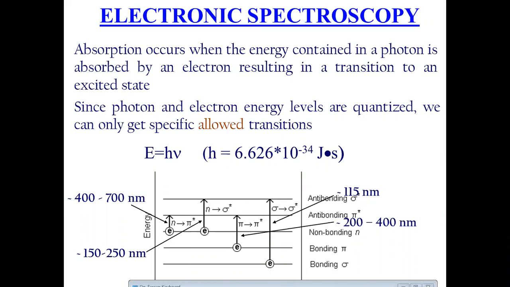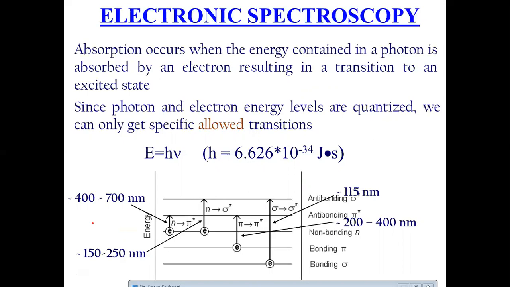Electronic spectroscopy is otherwise called UV visible spectroscopy. Whenever an electron jumps from the ground state to the excited state, it absorbs some energy. Depending upon where the electron resides, the transitions can take place.